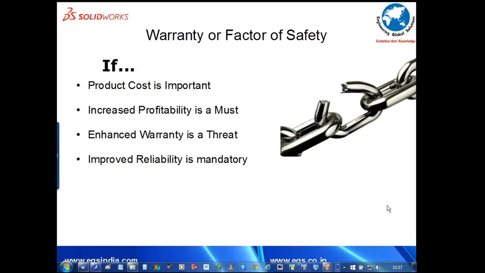So if the product cost is important at the initial sales side and increased profitability is a must, an enhanced warranty is a threat, and improved reliability is mandatory, then you move away from factor of safety towards warranty. The warranty-based design is typically what we look at from the point of view of design for life.